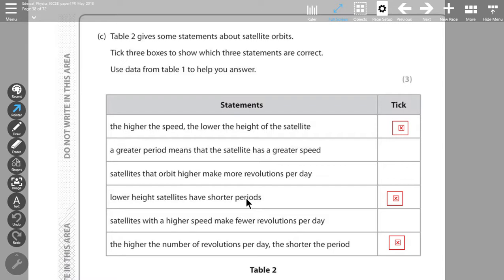This is Kepler's law. So periods are proportional to the orbital radii, right? And the higher the number of revolutions, the shorter the period. If number of revolutions is more, period is less. Yeah, this is sure. Okay.